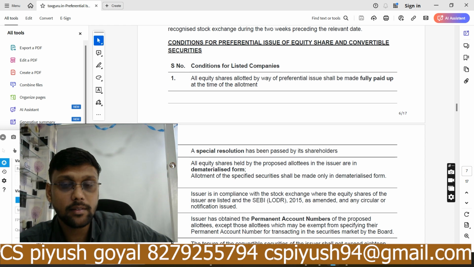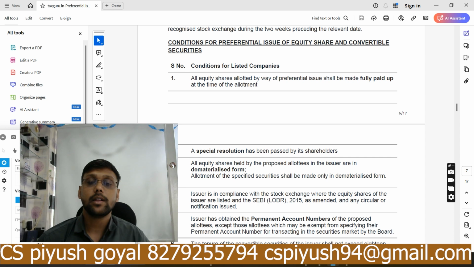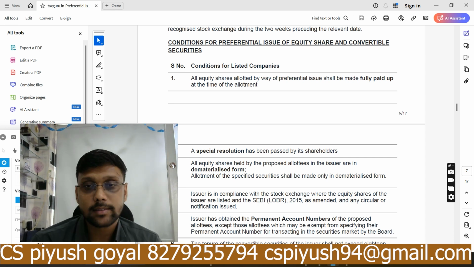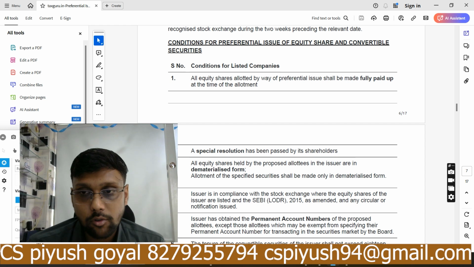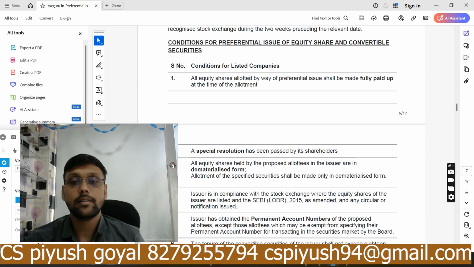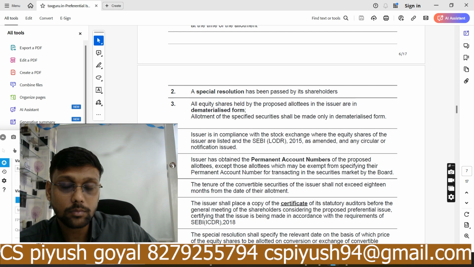Fourth requirement is that the issuer is in compliance with the stock exchange where equity shares of the issuer are listed, and the SEBI LODR regulations. Fifth requirement is that the issuer has obtained a permanent account number of proposed allottees, except those allottees who may be exempt from specifying their PAN number. Sixth requirement is that the tenure of convertible securities of the issuer shall not exceed 18 months from the date of their allotment.